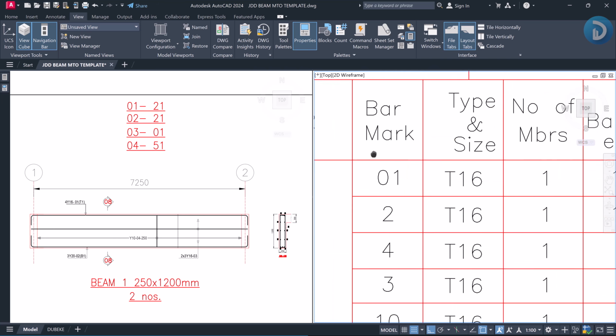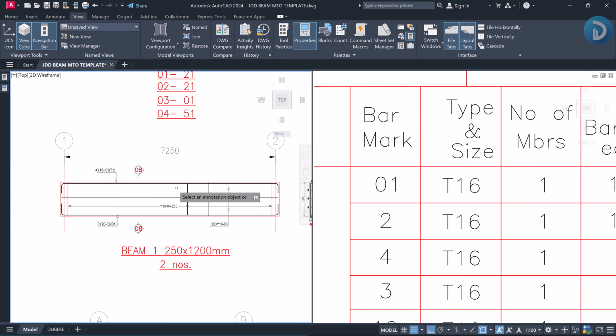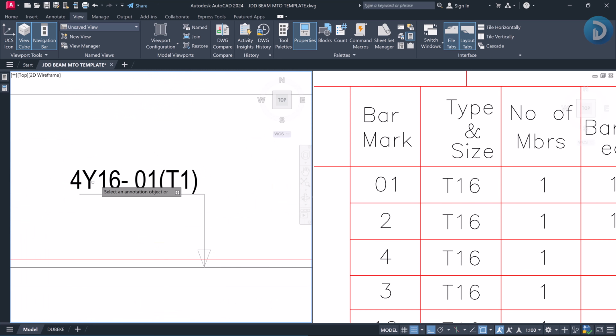The type and size of reinforcement for bar mark 01, as you can clearly see, is Y16. So we change this from T16 to Y16 to ensure that it matches what we have on the model.